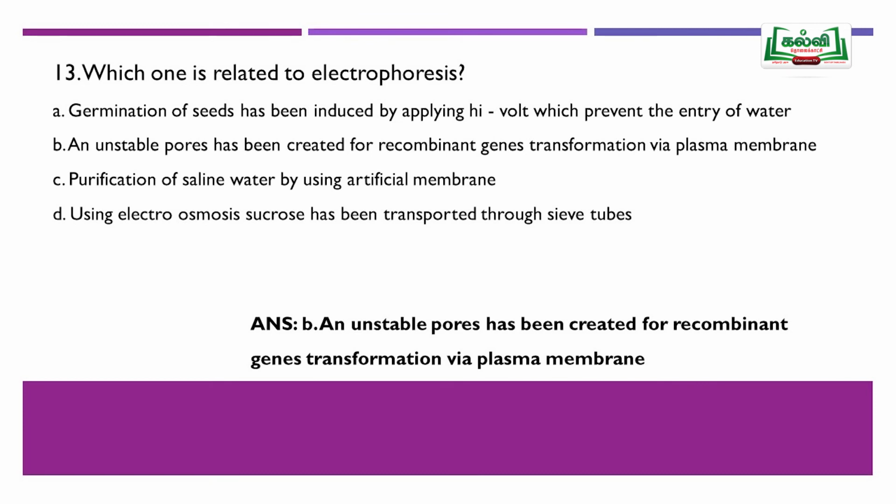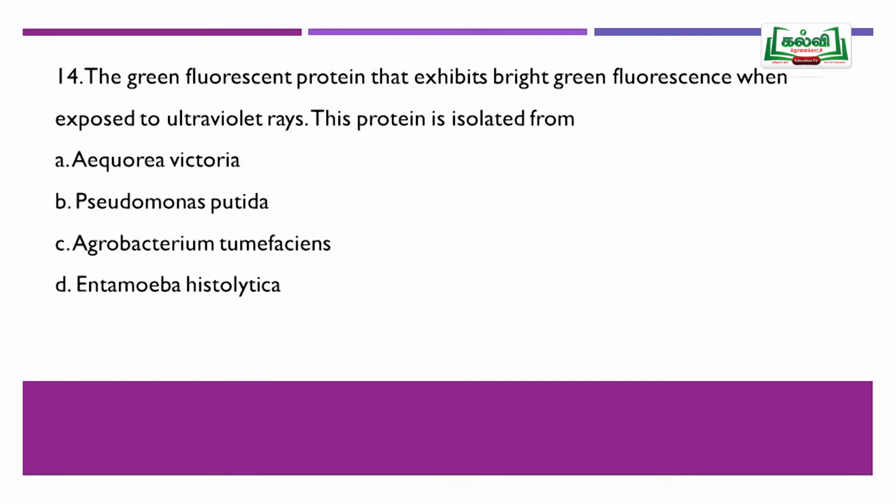The next question, the green fluorescent protein that exhibits bright green fluorescence when exposed to ultraviolet rays, this protein is isolated from. Okay. So, green fluorescent protein is a reporter protein, we simply call it. So, after successful transformation, whenever the organism is exposed under ultraviolet ray or any fluorescent light, the emission of light takes place.